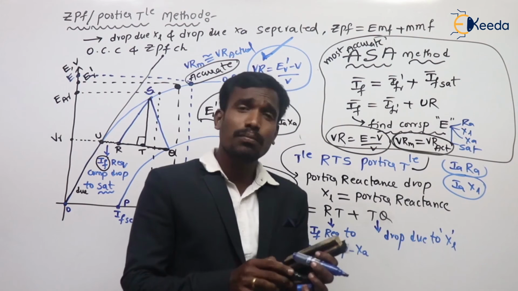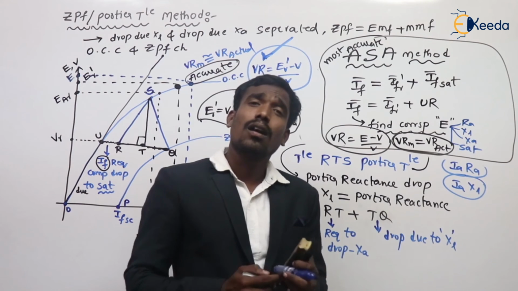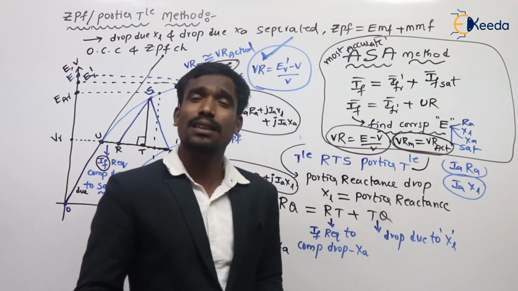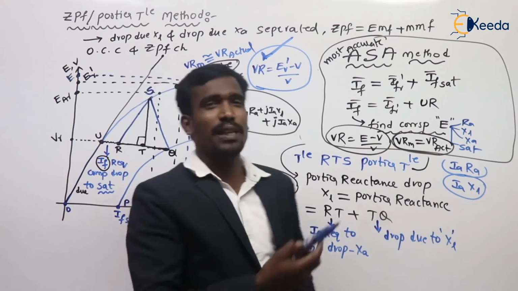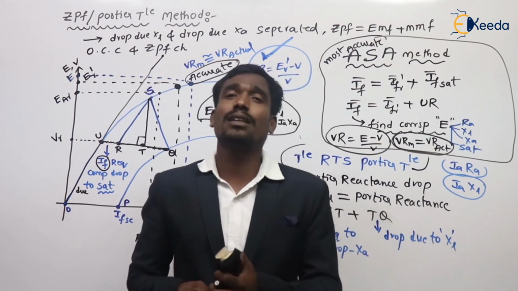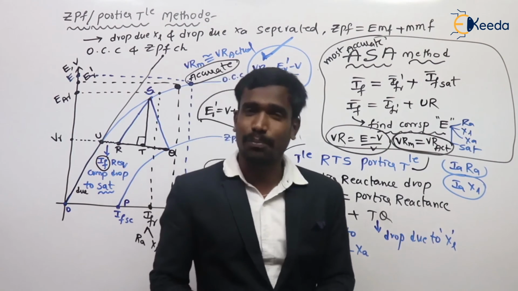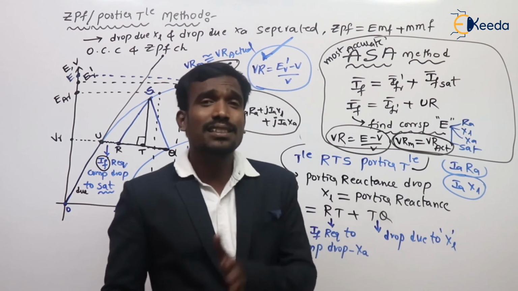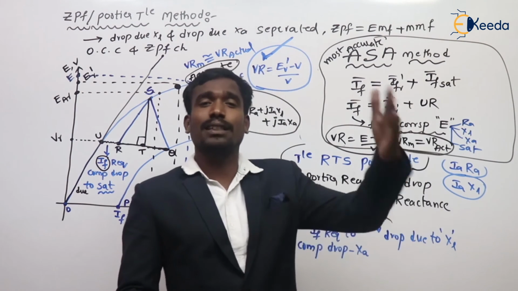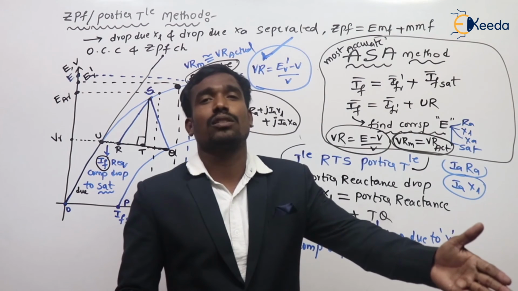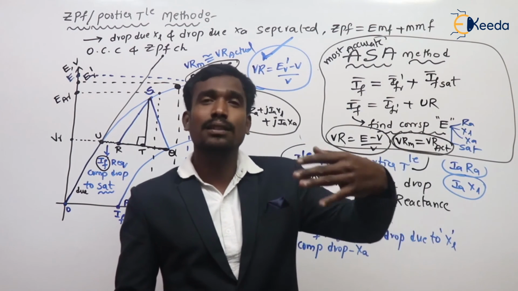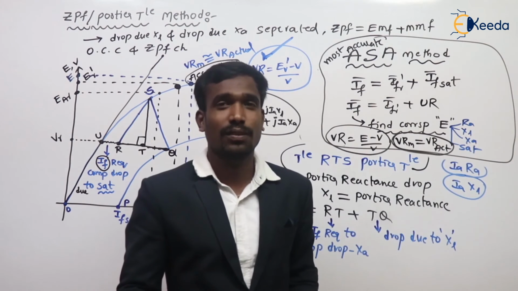The ASA method is nothing but the advanced method of the ZPF, the modified ZPF method. ASA method equals ZPF method plus saturation. Right?